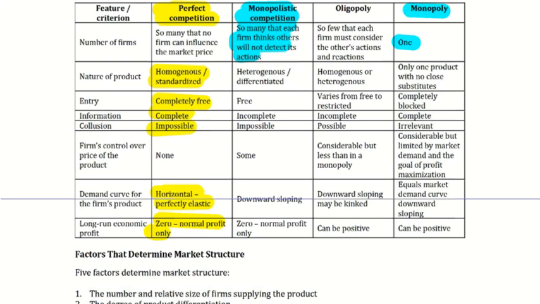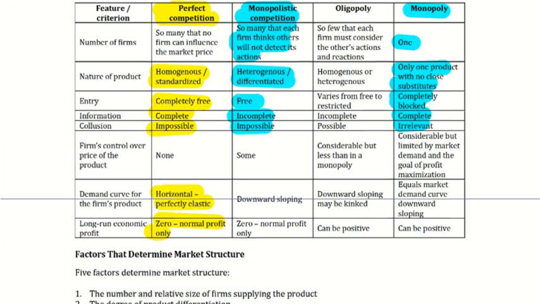Nature of the product: it's differentiated. In a monopoly, only one product, no close substitutes at all. Entry is free, you can come in. In a complete monopoly, you can't get in, it's completely blocked. With incomplete information, you can't really collude in monopolistic competition. There is no competition in a monopoly, and you can do whatever you like, but who would you be colluding with, because you are the only party?